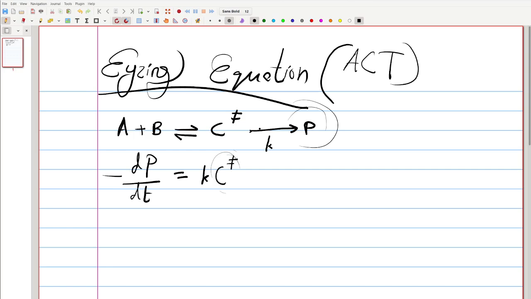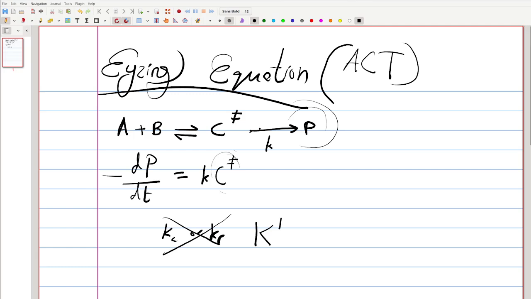We consider this equilibrium, right? When we talk about equilibriums, instead of a normal Kc or a Kp, he introduced a proportionality constant, right?